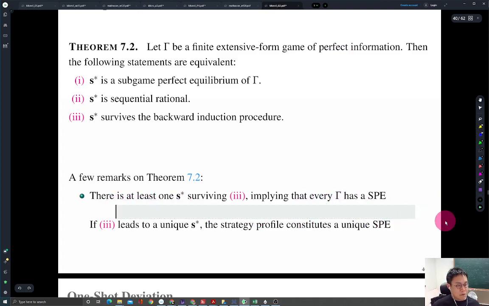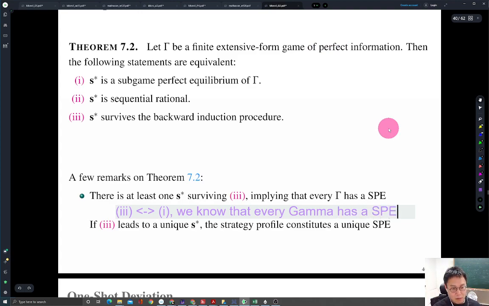So using the equivalence between 3 and 1, we know that every finite extensive form game of perfect information has an SPE in pure strategies. Because if we apply the backward induction procedure, we obtain one strategy profile in pure strategies.